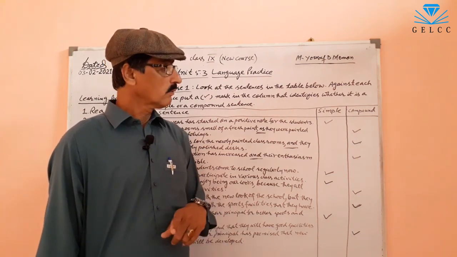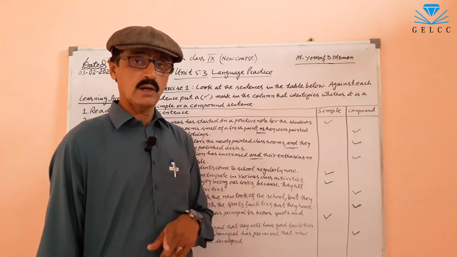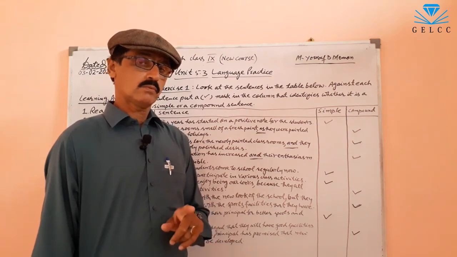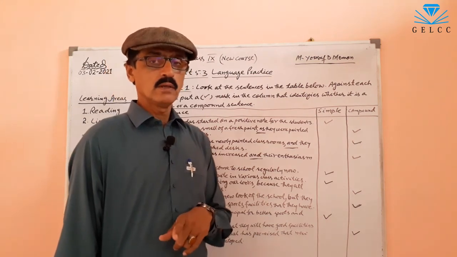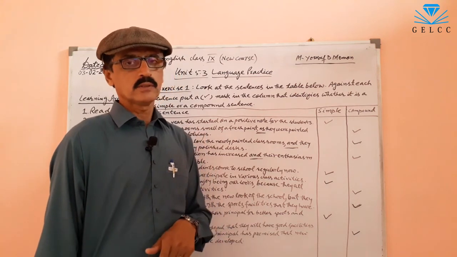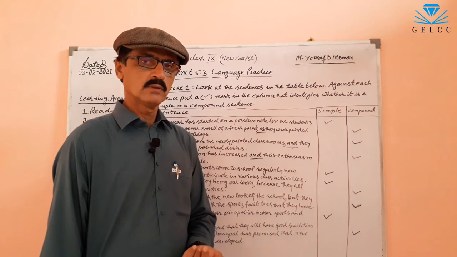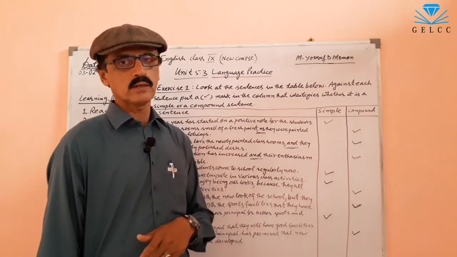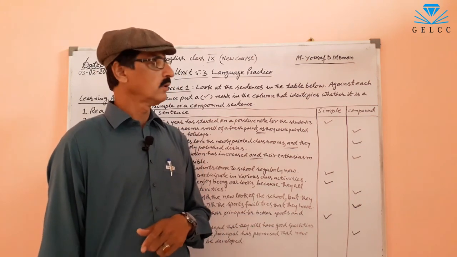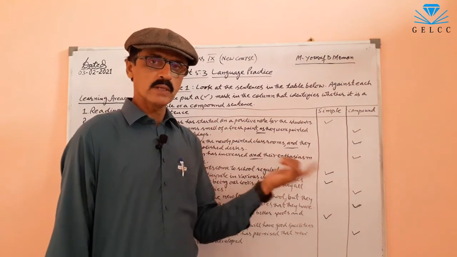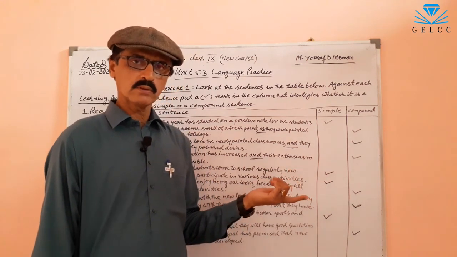One will be an independent clause and two or more will be dependent clauses, or we can say subordinate clauses. Main clause and subordinate clause, it is a complex sentence. Two or more main clauses, it is a compound sentence.